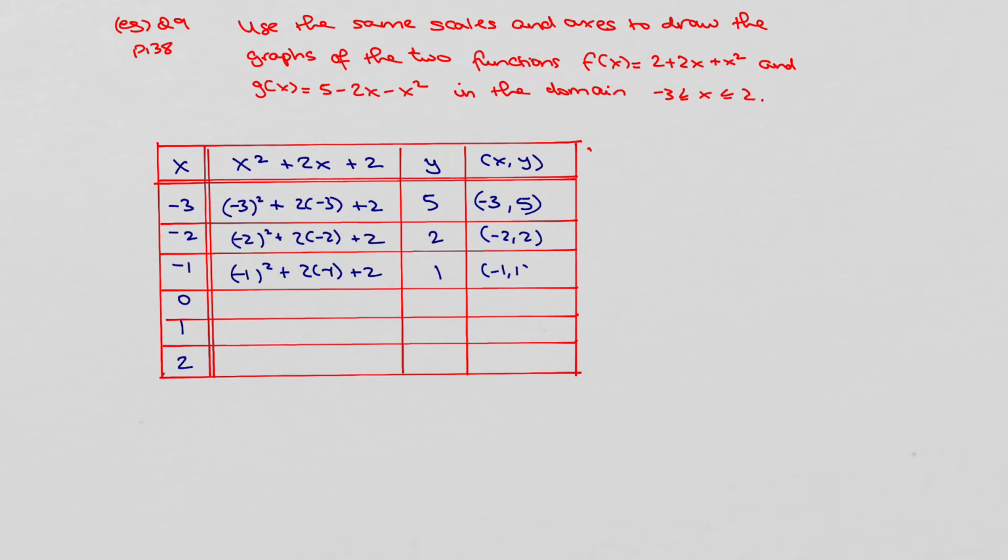If I put in for 0, we end up with 2. If we put in for 1, we end up with 5. And if we put in for 2, we get 10.